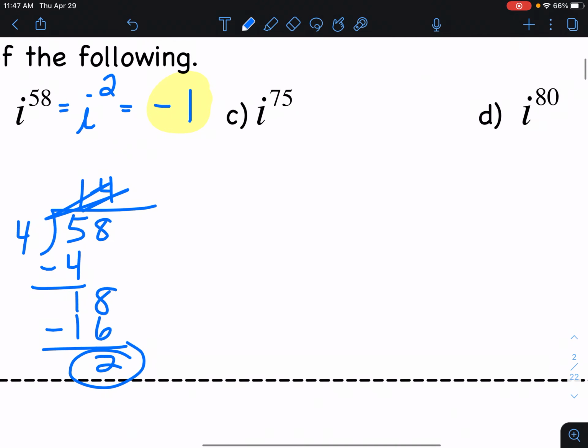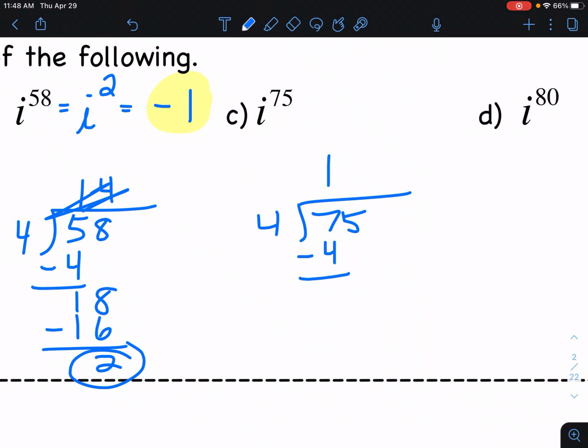Now i to the power of 75. Take 75, divide by 4, and let's see what remainder we're going to get. 7 divided by 4 goes into 7 one time. 1 times 4 is 4. Subtract to get 3, bring down the 5. 4 goes into 35 8 times. 8 times 4 is 32.